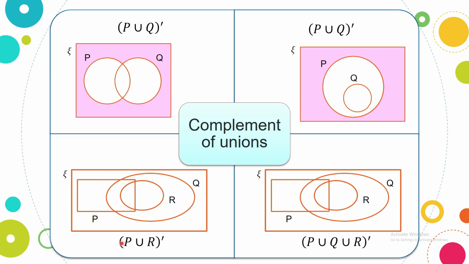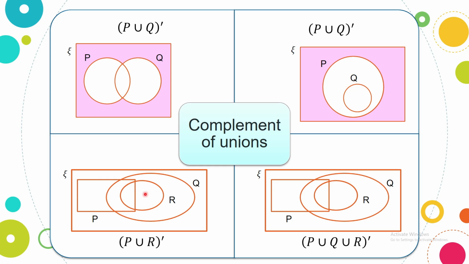Okay, next, this is the third Venn diagram. P union R. P is the rectangle shape. R is the small oval shape. P union R is the region of this one.